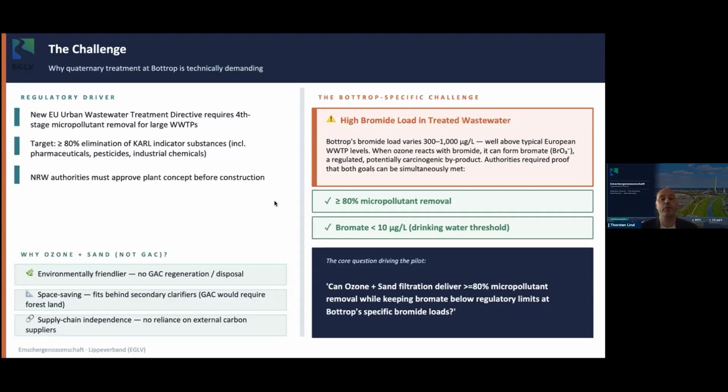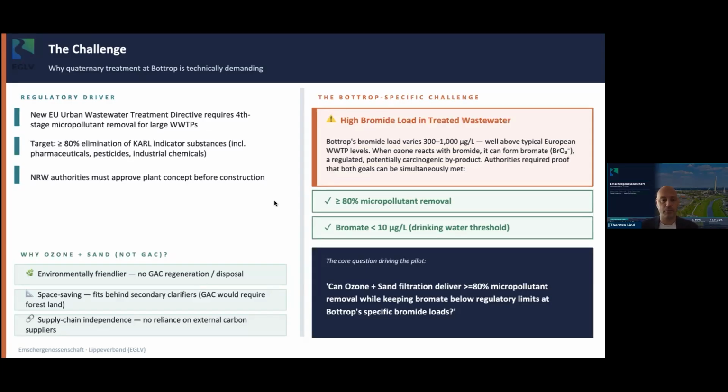and a preferred treatment version, which is we want to do the quaternary treatment with ozone and sand. There are other treatment versions that are more textbook, but we would like to do the ozone sand version. And our particular challenge is that the wastewater that arrives at the treatment plant in Bottrop has high loads of bromide.